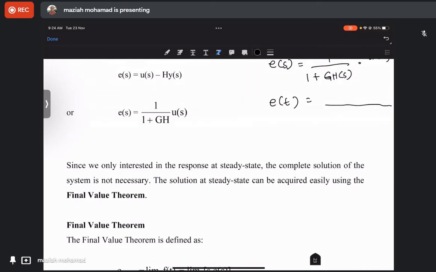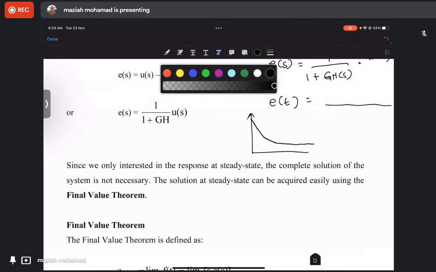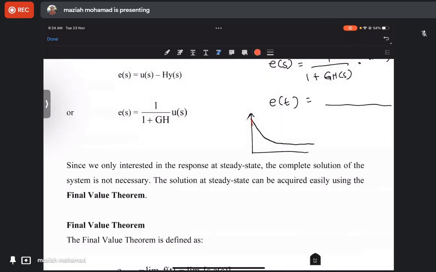If we plot the time response for the error equation, it will give you something like this. The error may start bigger, and then it will slowly settle to one final value. Either the error is 0, or there is some error here.